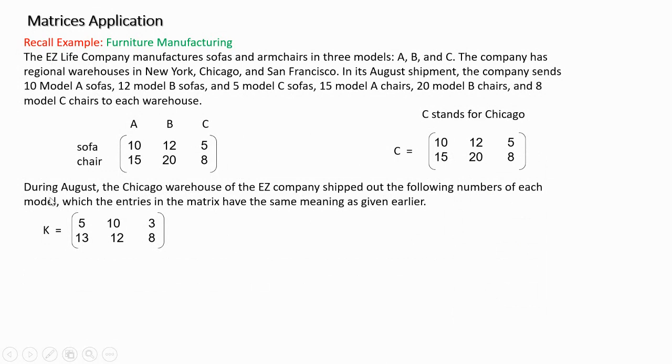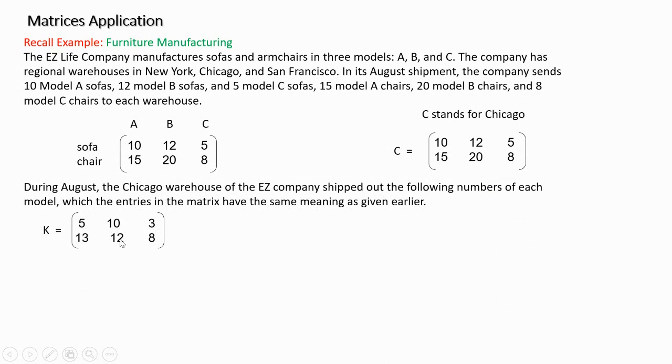It says now, during August, the Chicago warehouse of Easy Company shipped out the following numbers of each model, where the entries in the matrix have the same meaning as given earlier. So it's going to be 5 Model A sofas, 10 Model B sofas, and 3 Model C sofas. These are going to be shipped out.